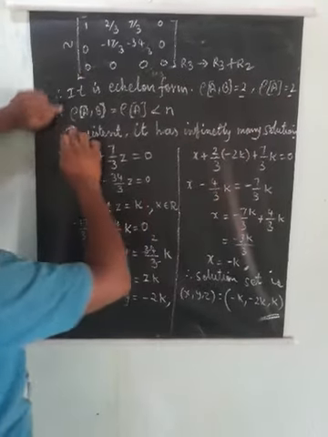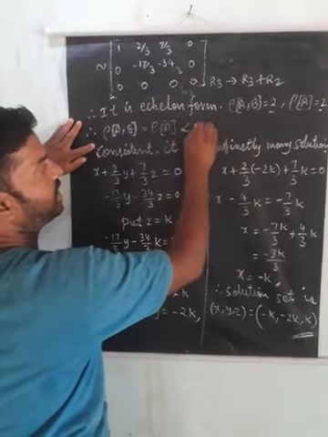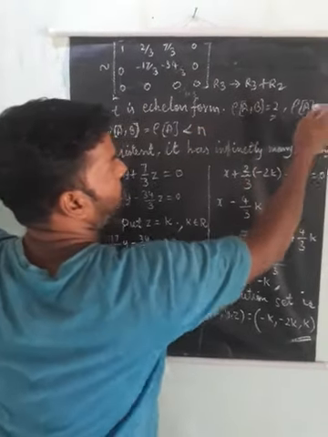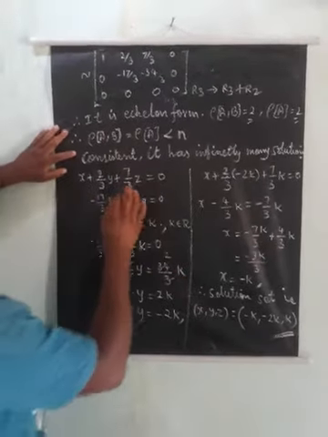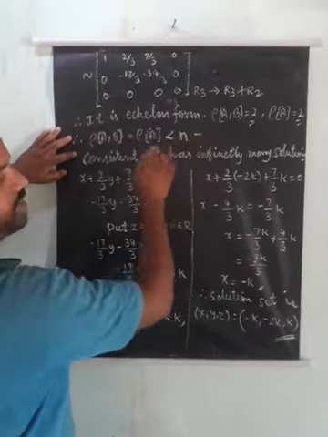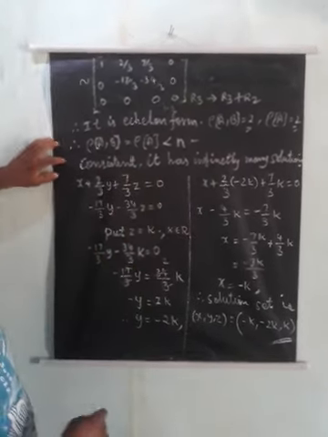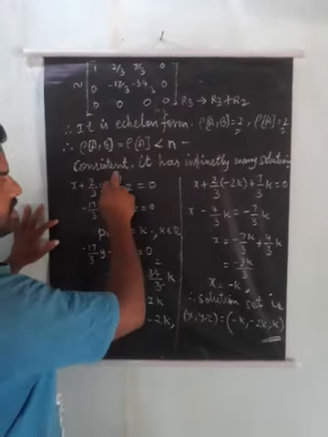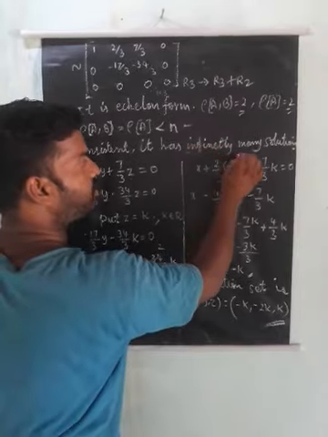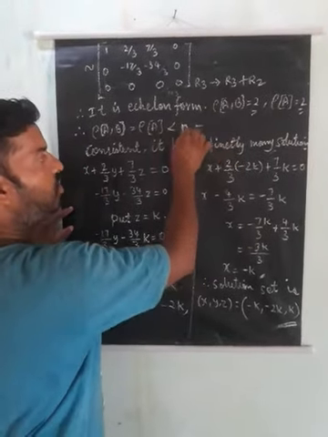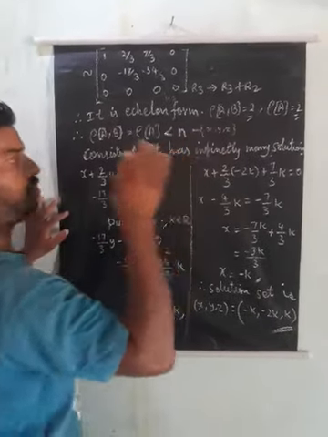So rank of [A, B] equals rank of A, which is less than n. Comparing with the 3 unknowns, it is less than n, so the system is consistent and has infinitely many solutions, meaning the unknowns x, y, z can take many values.